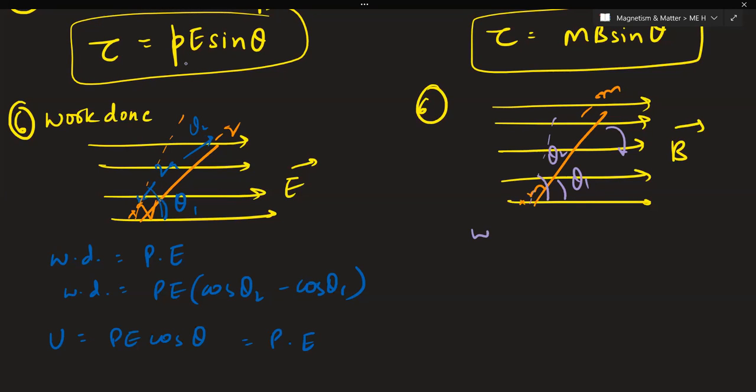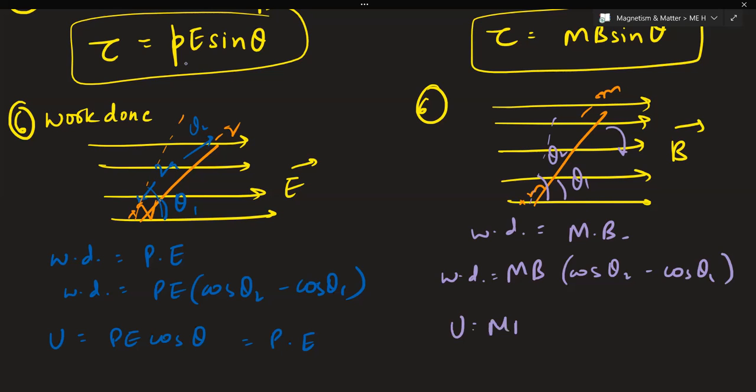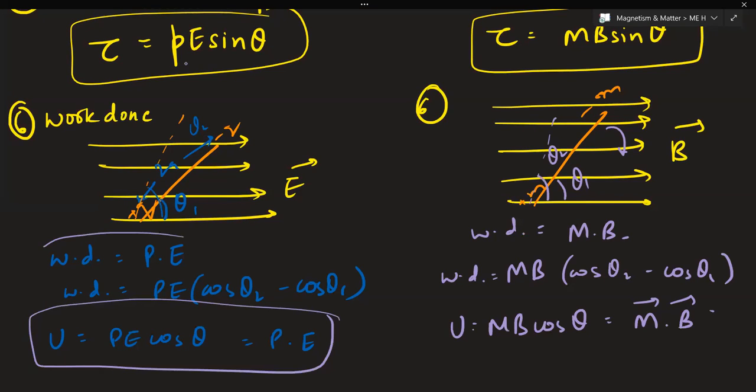So work done here, instead of P dot E, this will be M dot B. Work done here will also be MB cos theta 1 minus cos theta 2. And potential energy will also be minus MB cos theta, which will be equal to minus M dot B. So if you remember this part well, understanding magnetics is easier. It's just a revision.